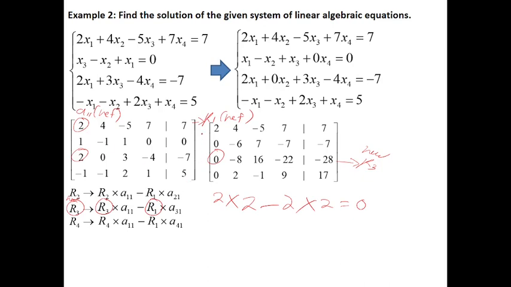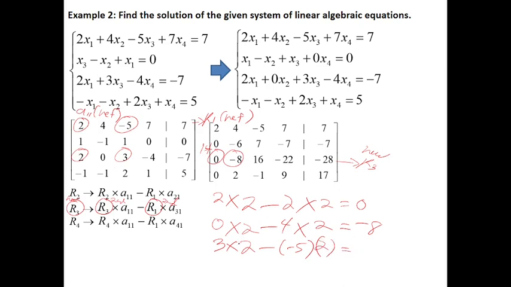And then, yung para sa second, so meron tayong 0 times 2 minus 4 times 2. Negative 8. Ayun, nakuha. Next. 3 times 2 minus negative 5 times 2.